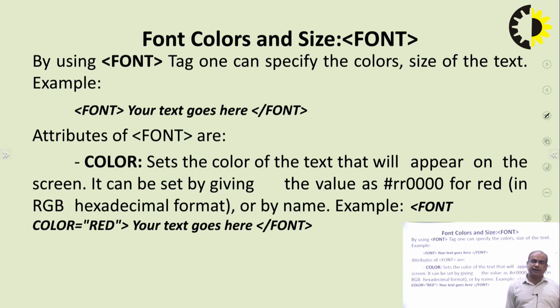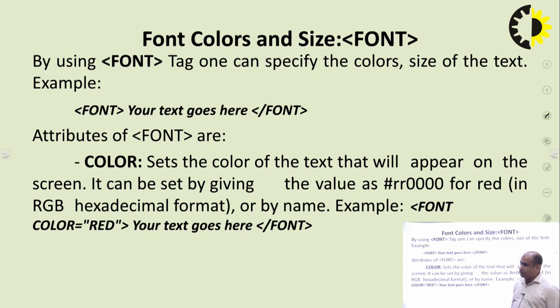Next tag is font color and font size. By using the font tag, we can specify the color and size of the text. For example, in the font tag, the text whatever we write here, we also have to supply attributes for that font. There are a number of attributes for the font tag, like color, font size, and font face.